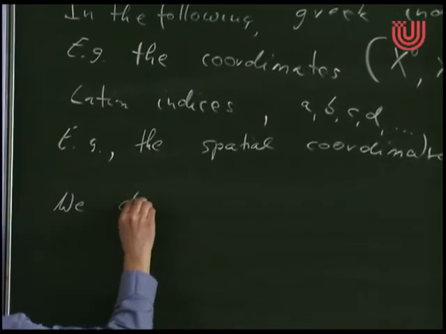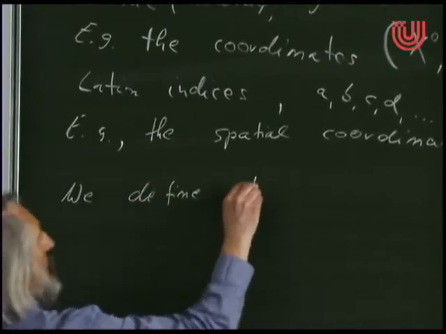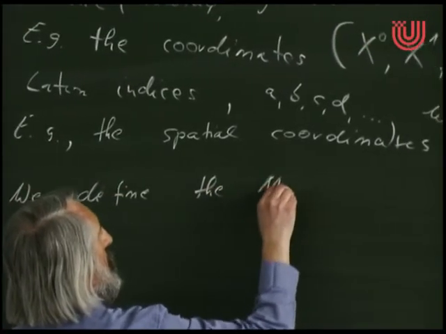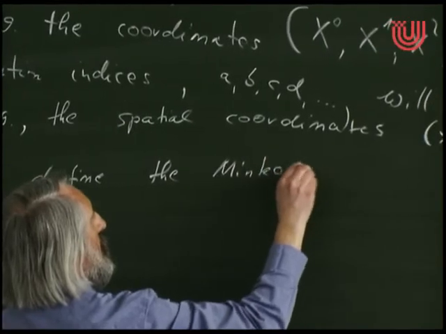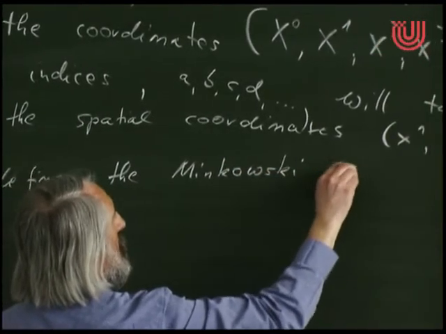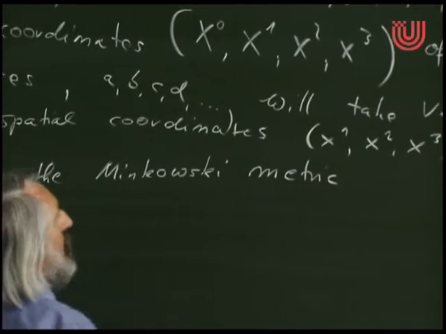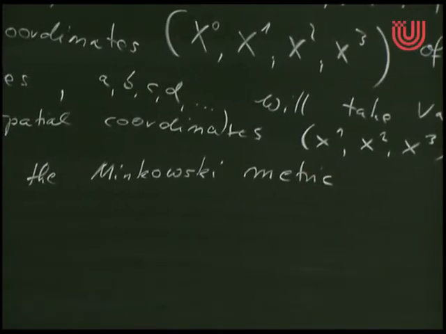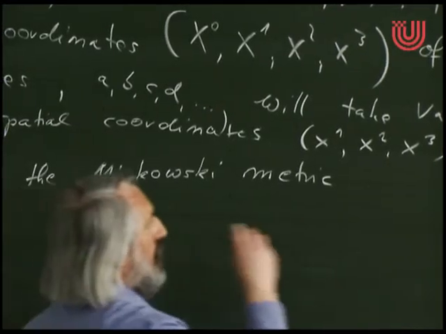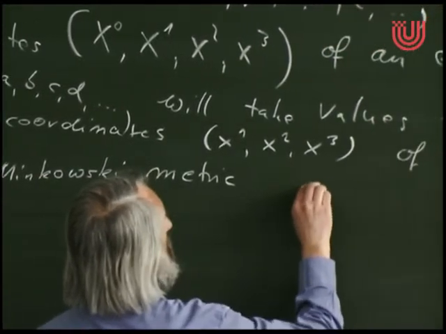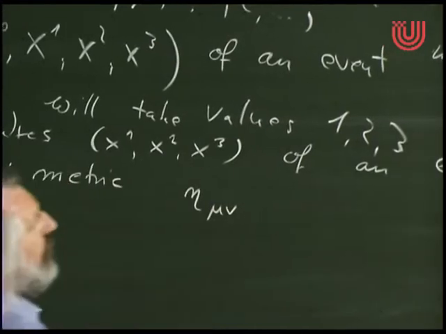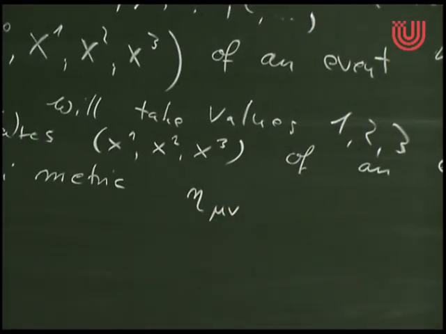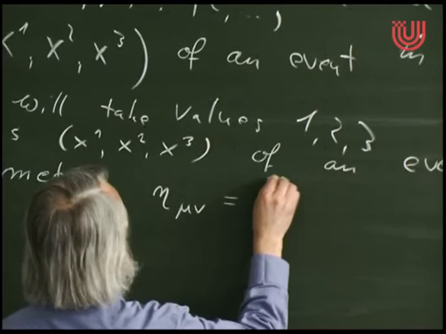We define eta mu nu, which has Greek indices, so mu and nu take values 0, 1, 2, 3, and it's defined in the following way.